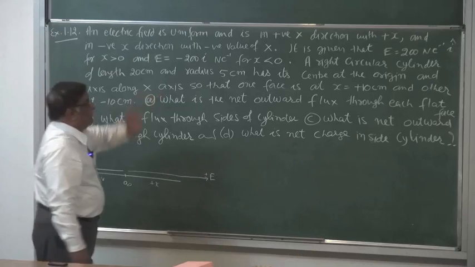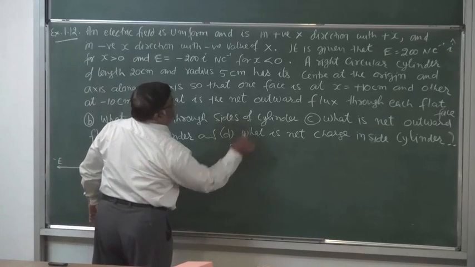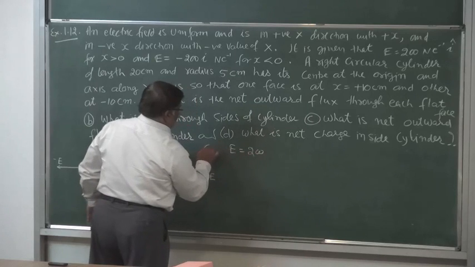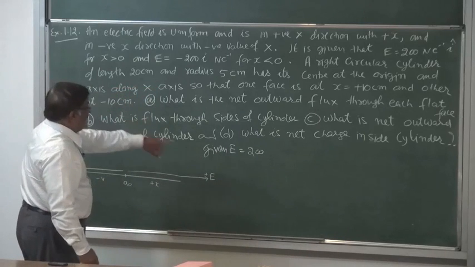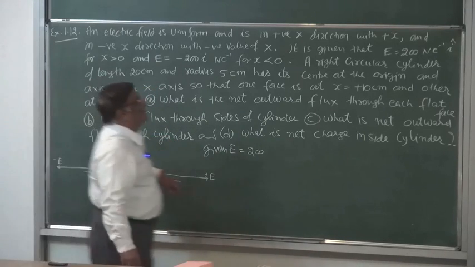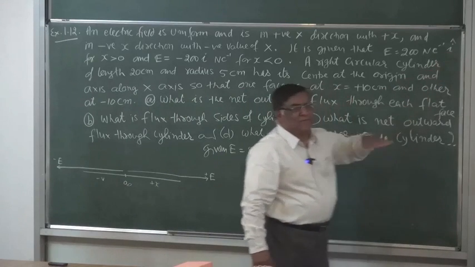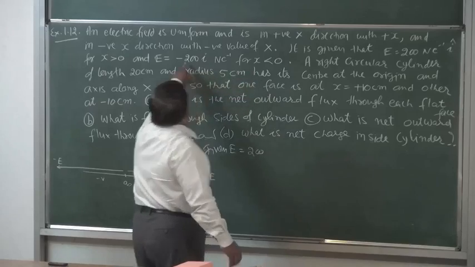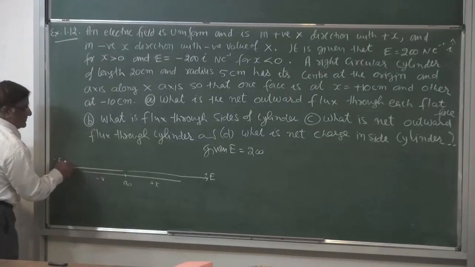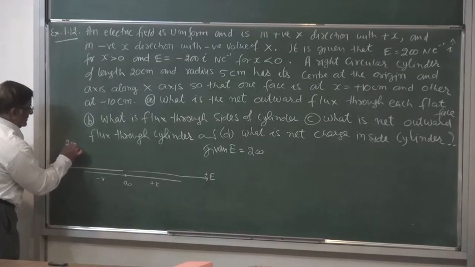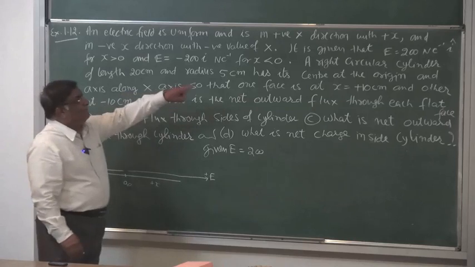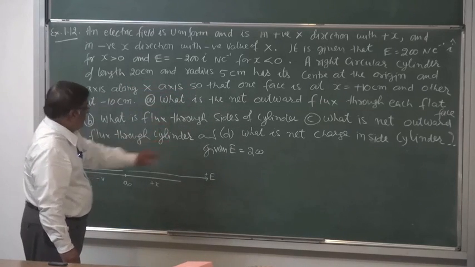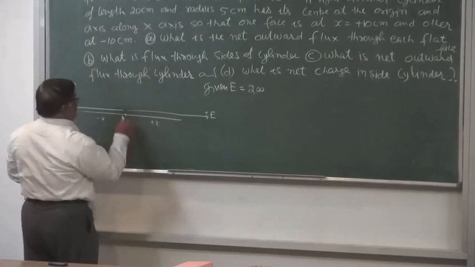What is the value of E? That is given to us. E is equal to 200. There is a cylinder. E is 200 on this side along unit vector i. i means in the x direction, and here again 200 in negative direction. Okay. There is a right circular cylinder placed along the x-axis with its center here.